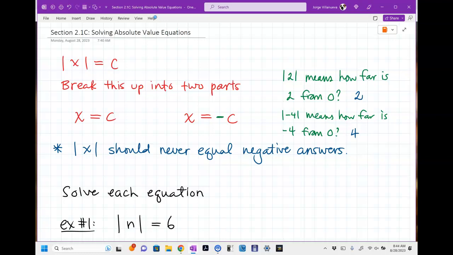Whether it's negative or positive side, it's 4 steps if it's negative 4, or it's 2 steps if you're at 2. So anytime you take the absolute value, you're always finding distance. So you should never see a problem where it says the absolute value of this equals a negative answer. That's just weird. Okay, so, all right. This is kind of the intro to it. This part right here, I'm going to highlight it just to make sure that you guys have that. Okay, very important.